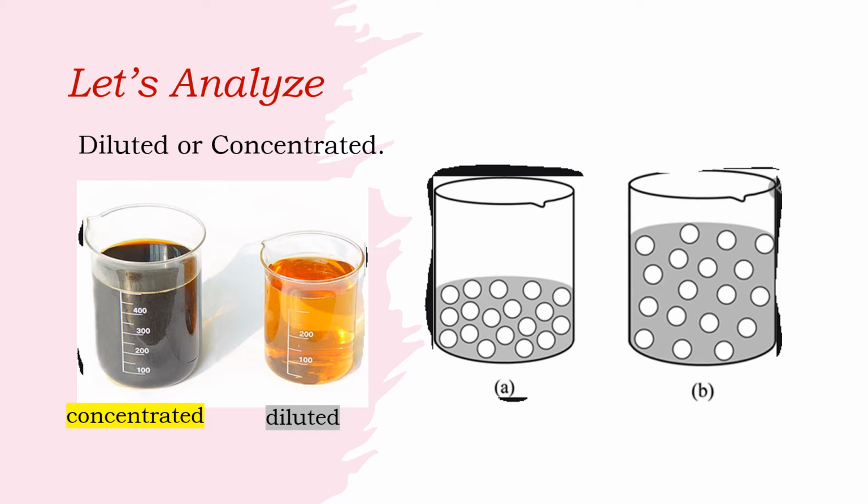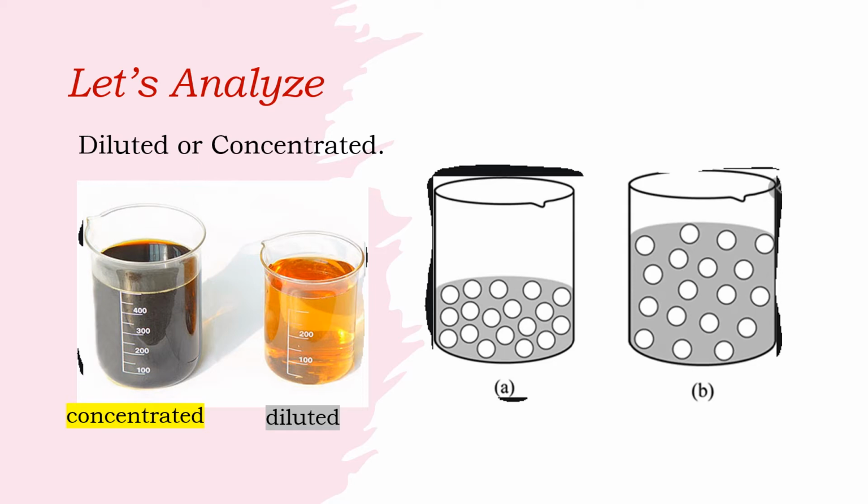But look at the amount of, sabihin natin na yan ay salt, yung solute na tinunaw sa kanya. Alin po kaya sa tingin niyo ang magiging concentrated in terms of yung kapag nilasahan natin? Ano kaya yung mas magiging maalat sa kanilang dalawa? Could it be letter A or letter B?